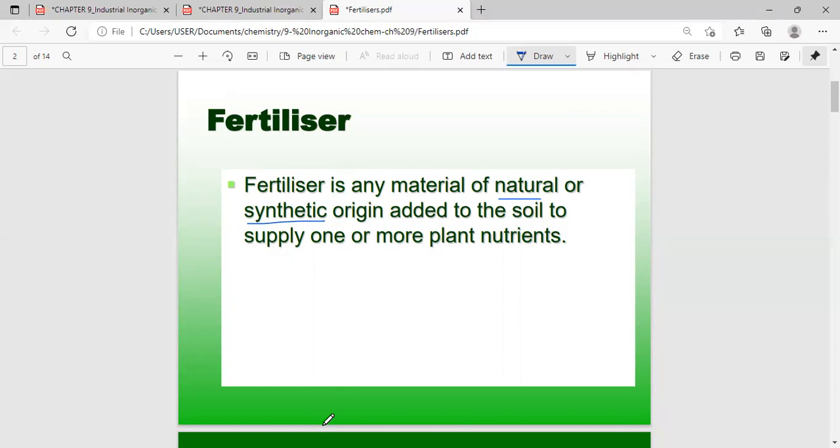Okay, we need vitamins and minerals and all that, right? Proteins, fats, carbohydrates. Okay, good. Just like that, the plants also need some nutrients. So that is supplied by the fertilizer.